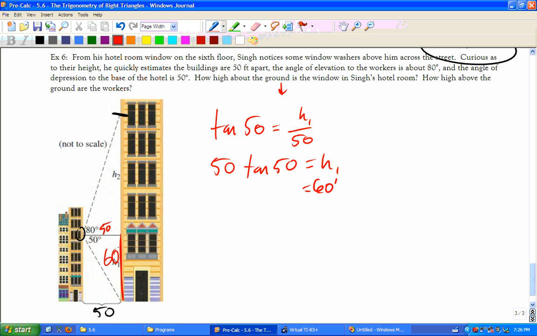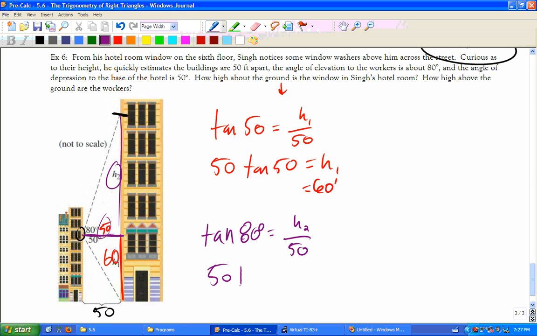Now the second question is asking how high above the ground the workers are. Well, we don't really know that based on current information, but if we get this second height, we'll know the total height above. So again, what relates h2, opposite, and 50, adjacent, is going to be tangent. The tangent of 80 degrees equals the opposite h2 over the adjacent 50.